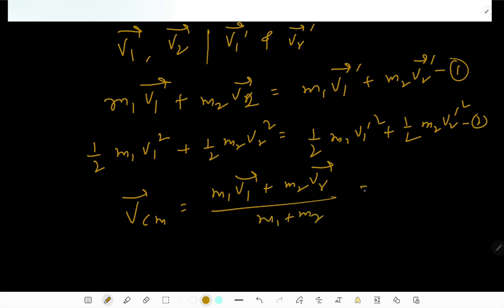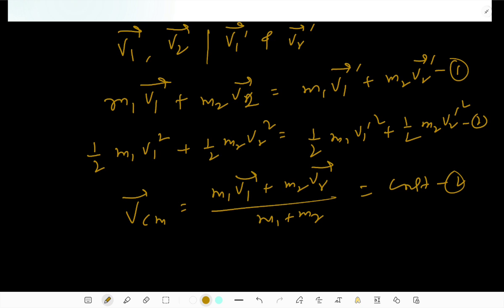Though I am not going to use it, I know this is a constant. So let us associate a moving coordinate system with the center of mass of the system. And since the center of mass moves with constant velocity, the coordinate system associated with it is inertial.